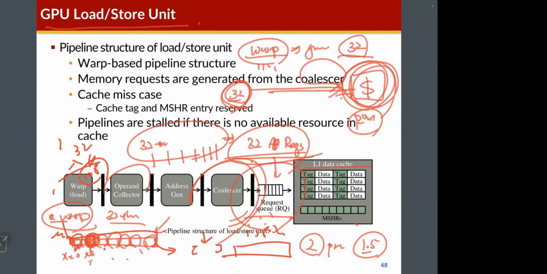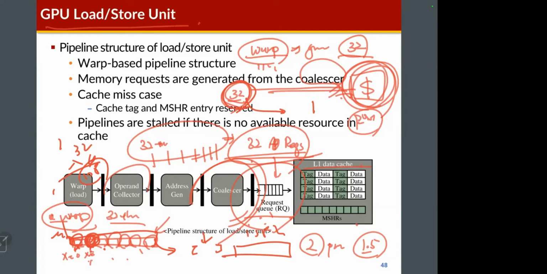From these 32 independent transactions, with memory coalescing, we can generate only one memory transaction. The number of transactions is reduced to just one. It's the best case.